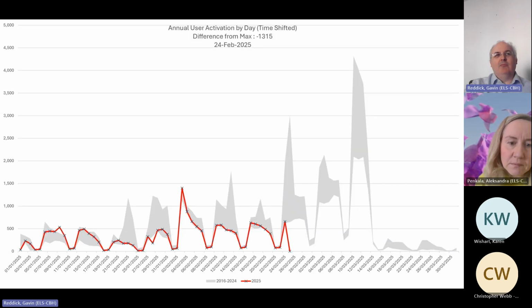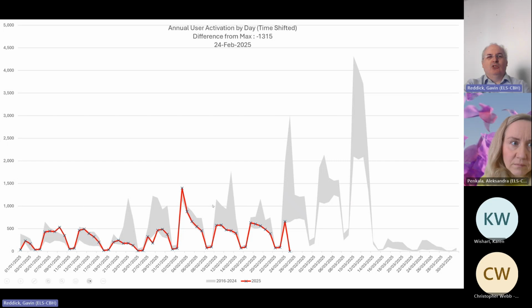If we look at just the maximum and minimum points over that time period, you can see that at this point here, which was the start of the UK multi-funder submission period, we had a higher number of people logging in on that particular day, and then later in the week we had lower ones, and then we've generally tracked on the lower end of the difference between the maximum and the minimum over that time period.